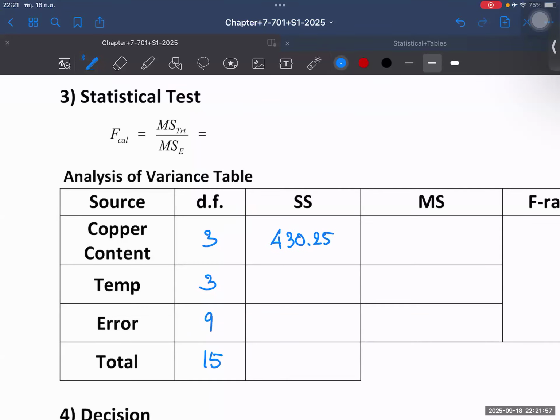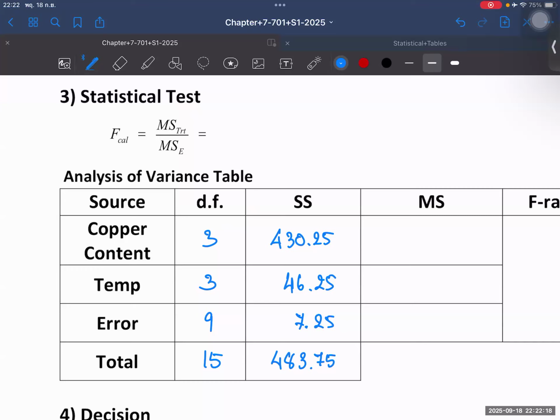And we have for the block 2.5, and we have the total is, sorry, 7.5.